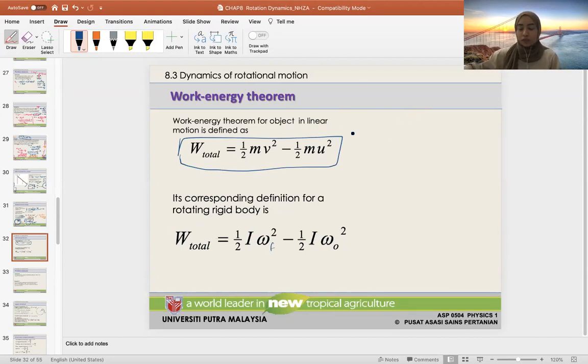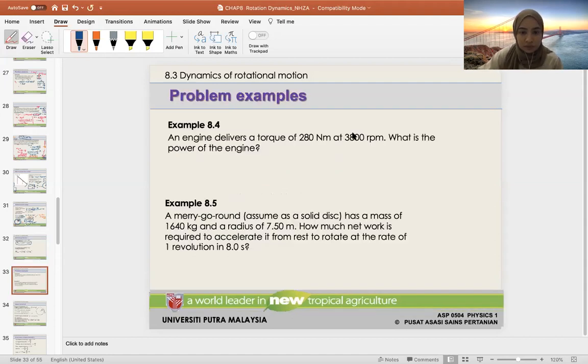Okay, so when should we use this equation? Good question. So let's use this. I think example 8.5 uses this. How much net work is required to accelerate it from rest? Okay, let's do example 8.4 first. So we already learned torque equals r F perpendicular, power equals torque times omega, wow, I'm surprised I could remember that.